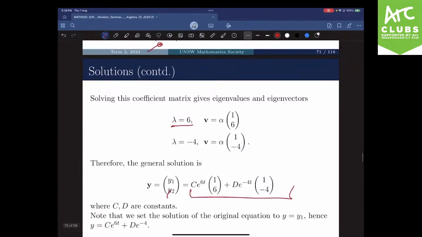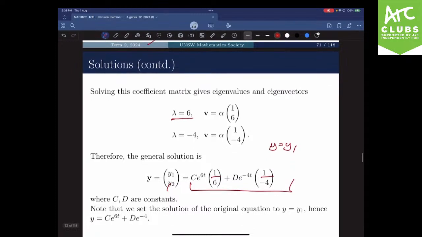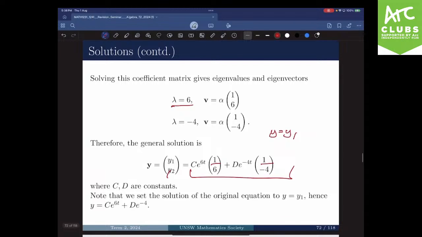But we just want our value y, which is equal to y1, so we consider the top entry of these vectors, and we get that our y1, which is y, is equal to this value here. Do we understand? Do you want me to explain it more?